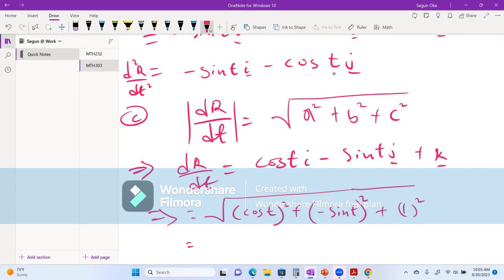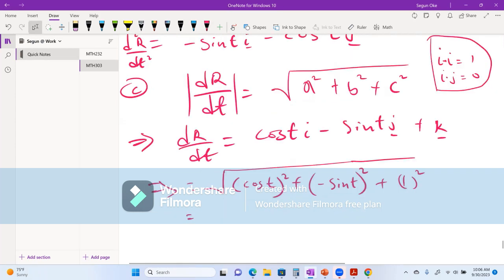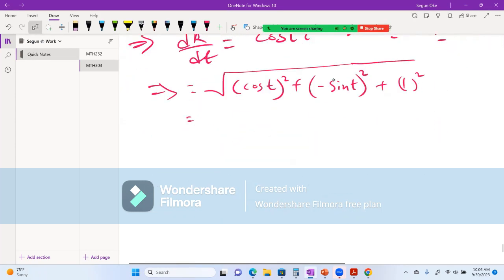Should I tell you? Remember that anytime you find the square of this, it will give you 1. It's only when you have the mixed products, you have 0. You remember? So each of them, the square of I will be 1, the square of j will be 1, and those ones are gone.